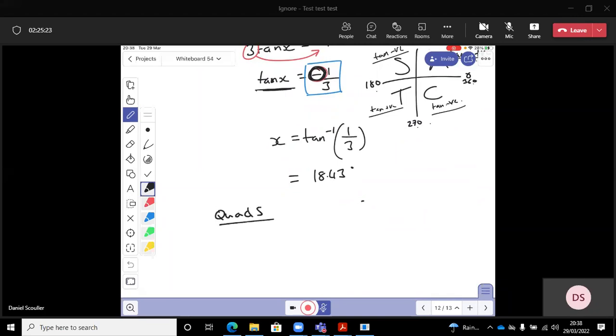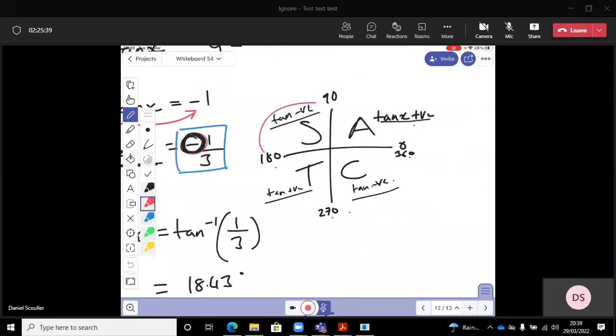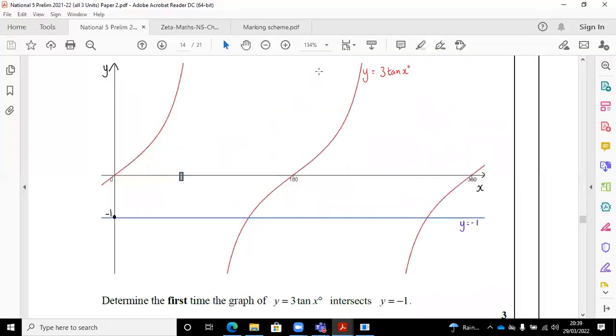And then work out what quadrant we're working in. What quadrant is tan negative? Tan is negative in the second quadrant and the fourth quadrant. Tan is negative in the second quadrant between 90 and 180 and between 270 and 360.